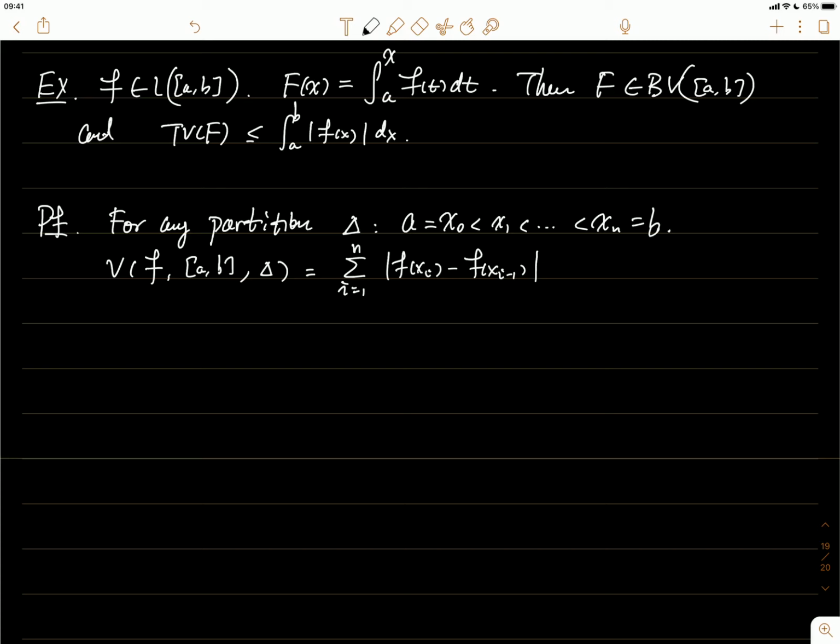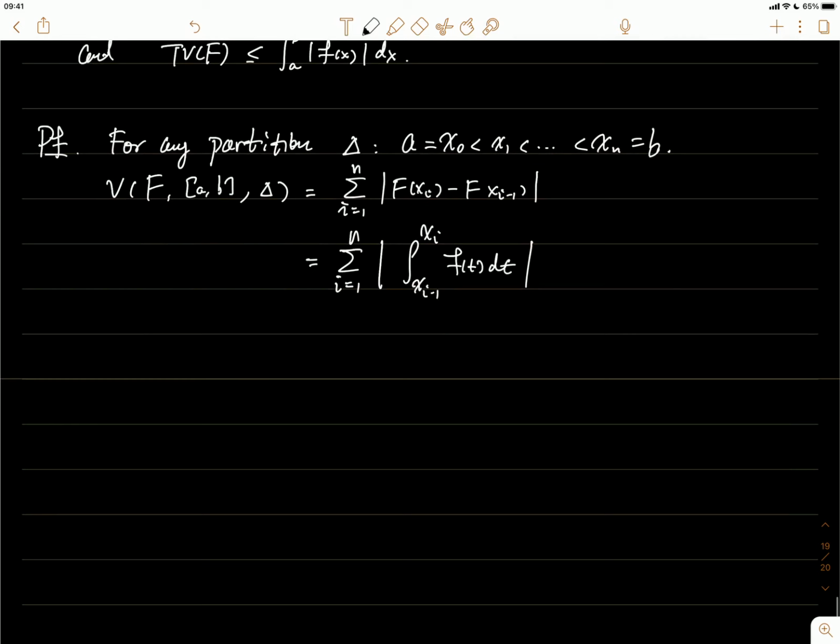And inside the absolute value we should use the capital F. According to the definition of the capital F, we keep everything outside, and the inside integral is just from xi minus 1 to xi, f of t dt.